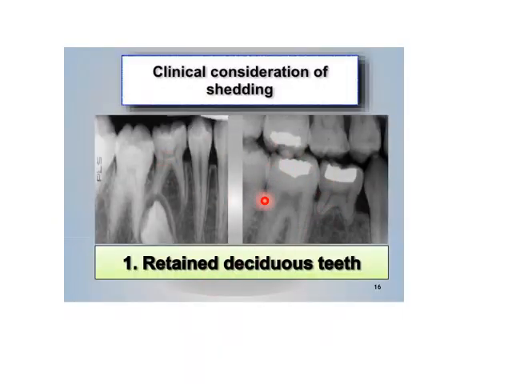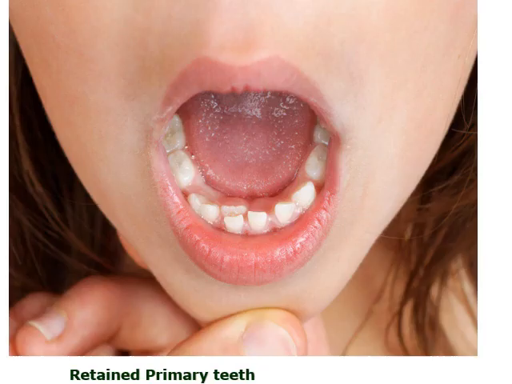This photographic picture shows the retained deciduous tooth here and here. In this picture, this retained deciduous tooth is seen because there is a congenitally missing permanent premolar here with a short root, and this remains as a retained deciduous tooth. And in this picture, there is a retained deciduous molar because the permanent successor premolar is impacted here. This is a retained primary tooth.